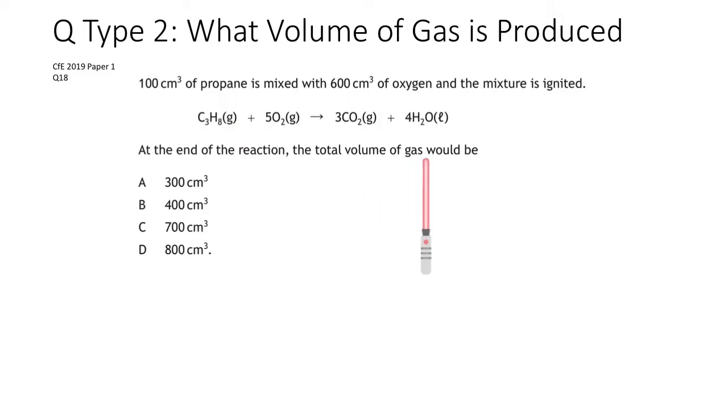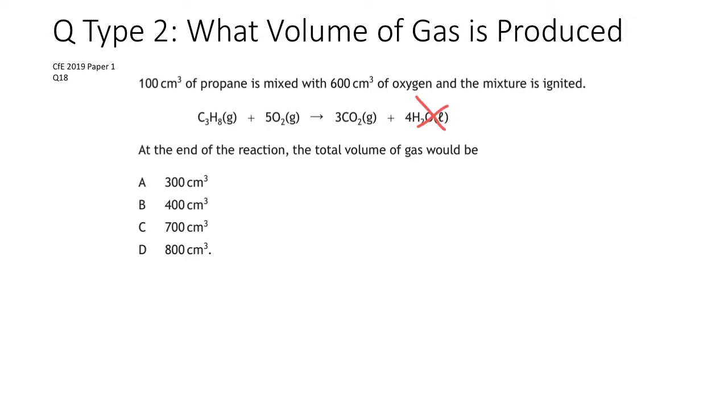At the end of the reaction, the total volume of gas would be... like I said with the last example, try not to look at these. Try and work through the question without looking at the possible answers. Straight away we can rule out the water because it is a liquid, so it's not going to be involved in the volume of gas at the end of the reaction.